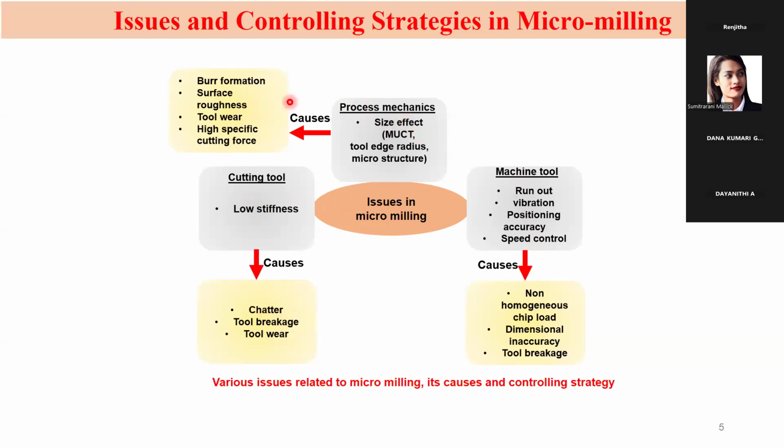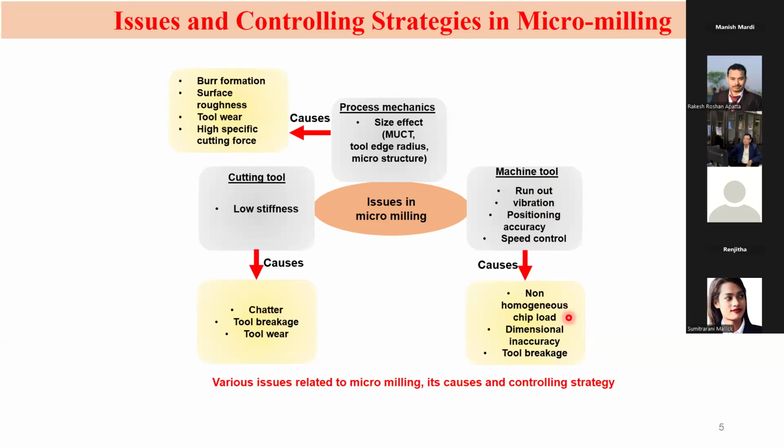Then due to process mechanics, high burr formation and surface roughness are detrimental for precision applications. Then due to the machine tool issue, let's say runout, the chip load is non-homogeneous. A non-homogeneous chip load means obviously some disturbance will come and vibration will come, and damage, inaccuracy and tool breakage occur.